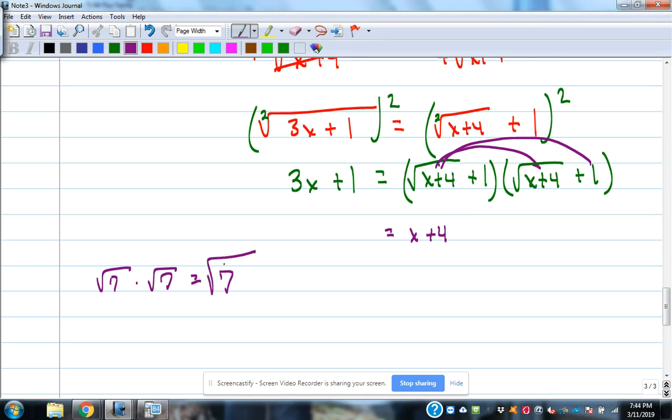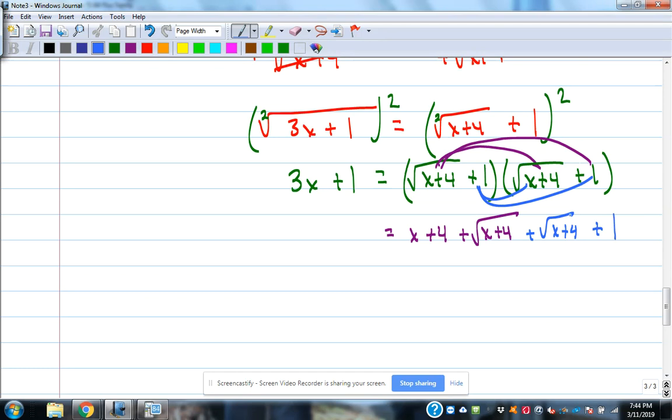Technically, it's getting you the square root of x plus 4 squared, but the squared and the square root cancel each other out. Okay. So the next thing is square root of x plus 4 times 1, which is just the square root of x plus 4. And then we're multiplying by 1. There's another square root of x plus 4. And then 1 times 1, that's easy, that's 1. So that's going to get us x plus 5 plus 2 square root of x plus 4.